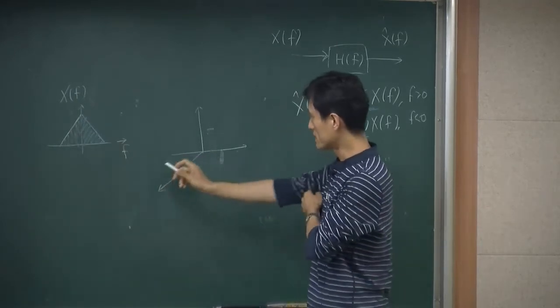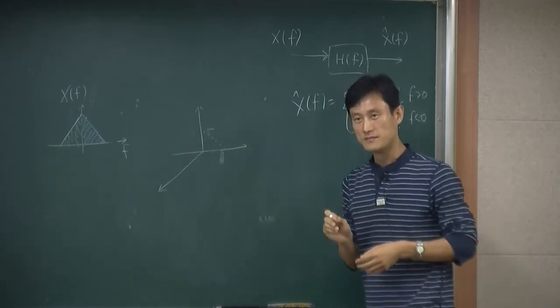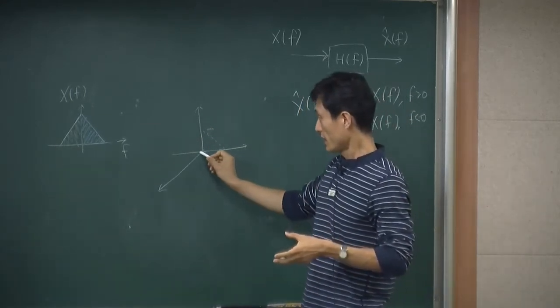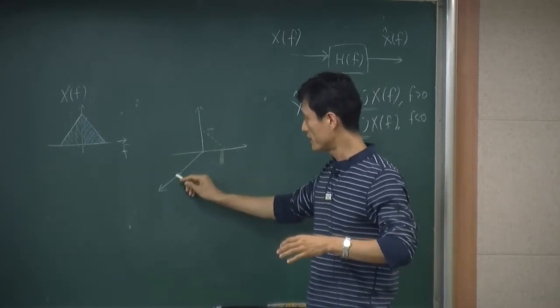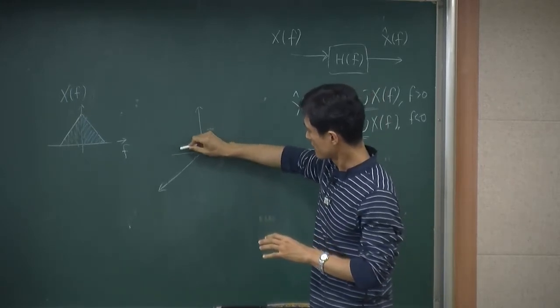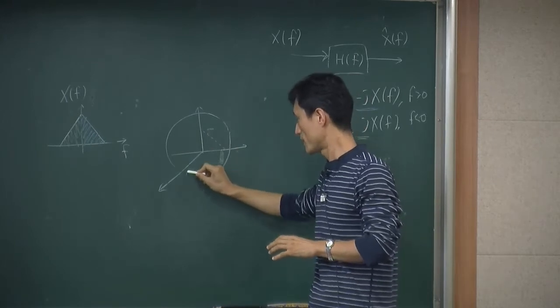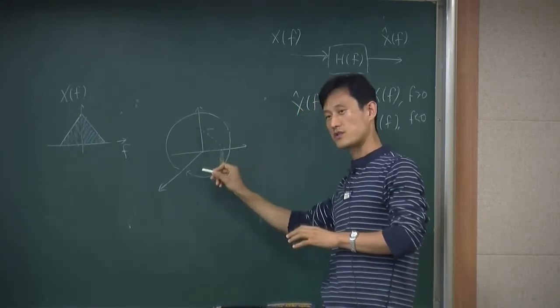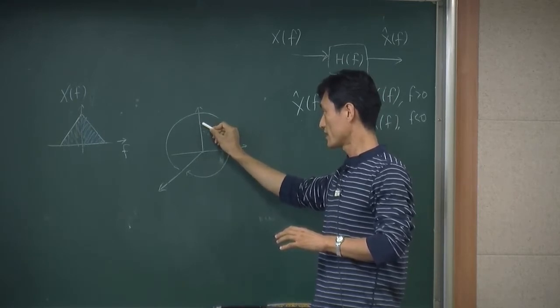This is the original X(f), like that. And what I'm trying to think about is that phase rotation is around this axis, like turning this way. That's the phase rotation. So from here, you are going that way, right?